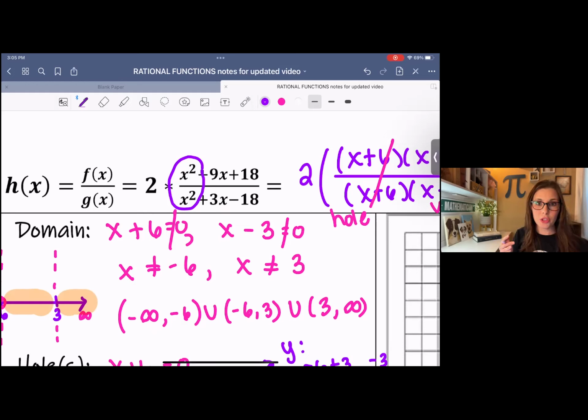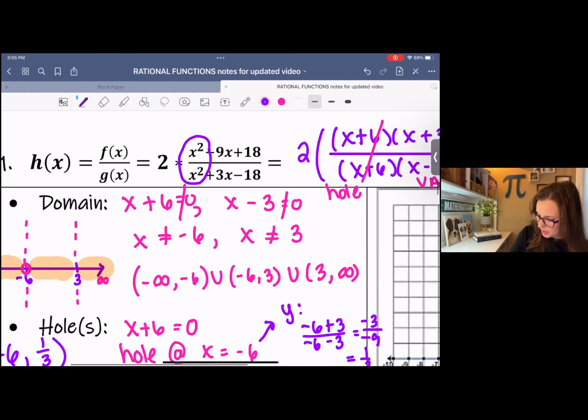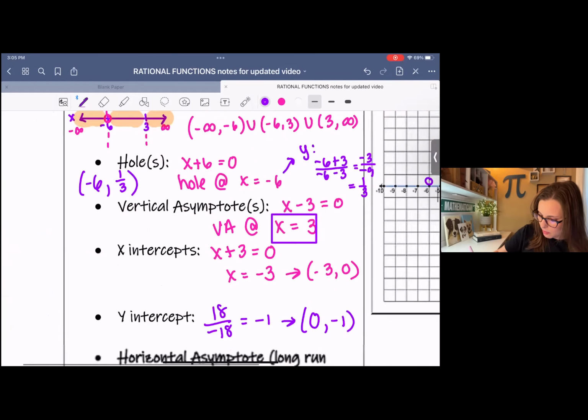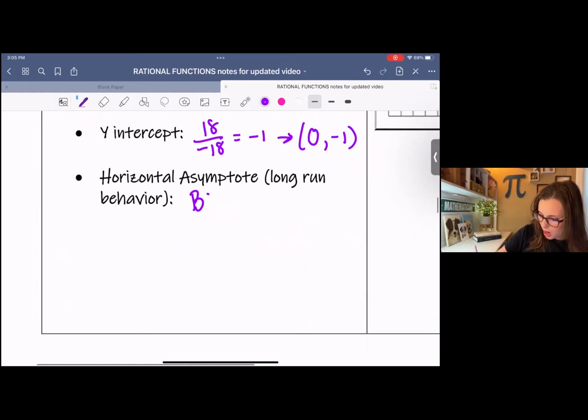So if I look at the leading terms, and I focus on the degree, the exponents on those terms, they are the same, they're equal. So this is a case of BETSY, bottom equals top, C. C stands for coefficient. Now I have that 2 out front, so I do need to consider it for this. This will be a 1, this will be a 1.